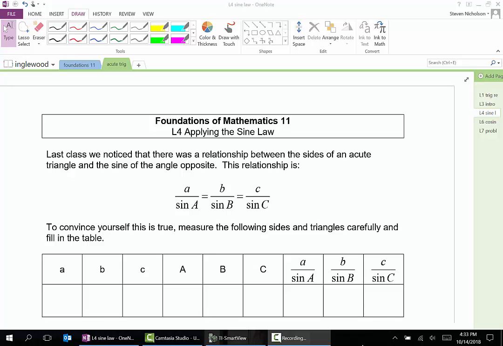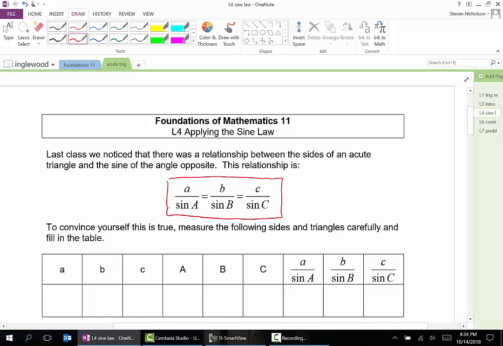Last class, we saw the relationship between angles and the sines of opposite sides. So we're going to use this relationship right here to bypass making a vertical, as we did in the last example in the last lesson, and see how easy it is to do.